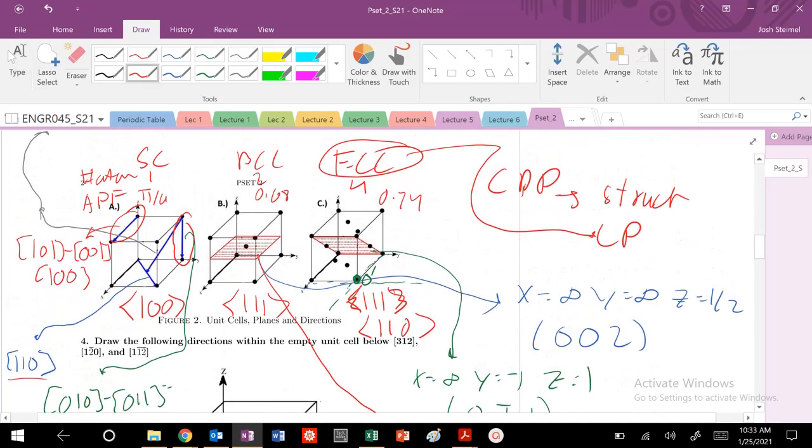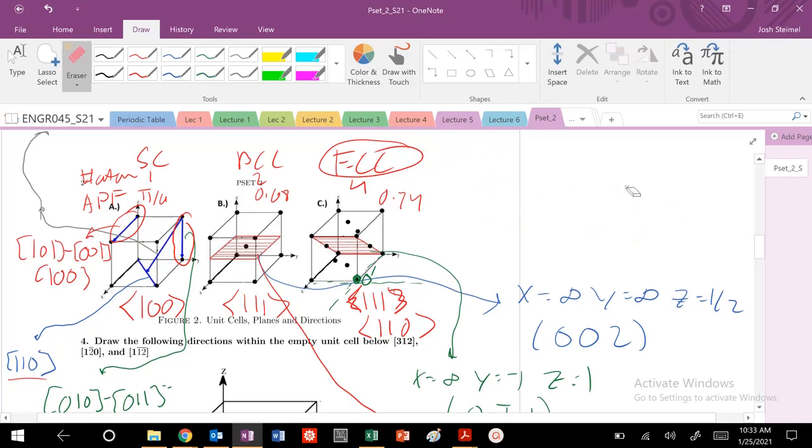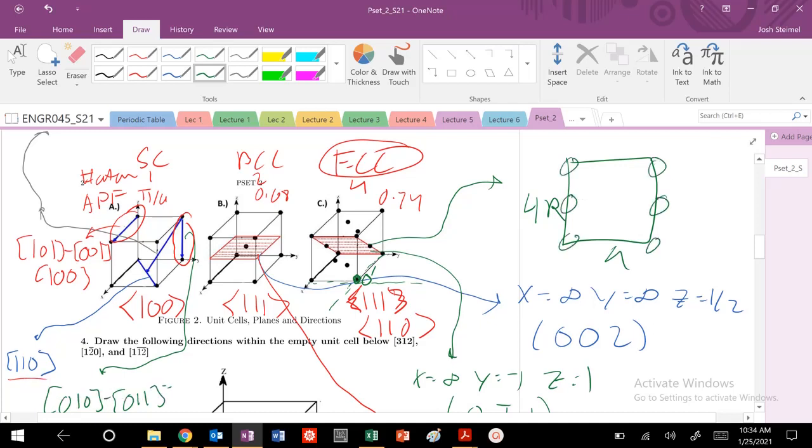What about this one here? Let's go ahead and draw this one out. If I project this plane, remember that this distance here is going to be 4r. This distance here is going to be our A. And I have atoms here, here, here, here, and the face.